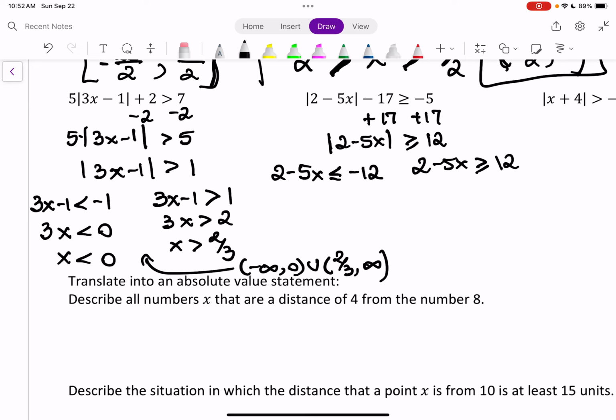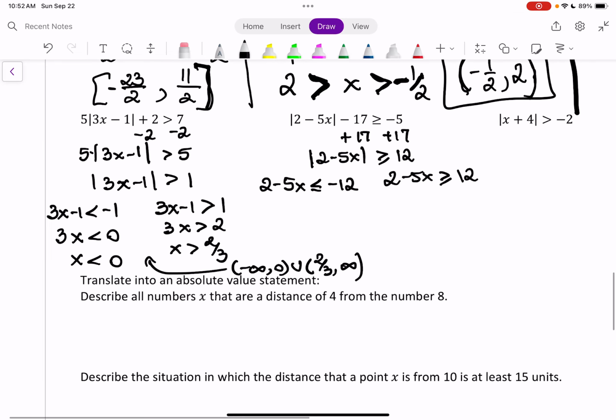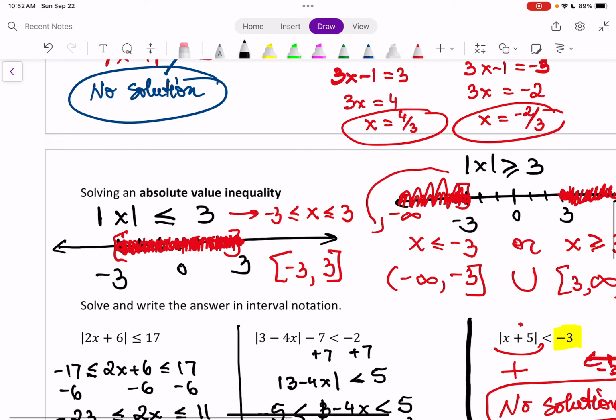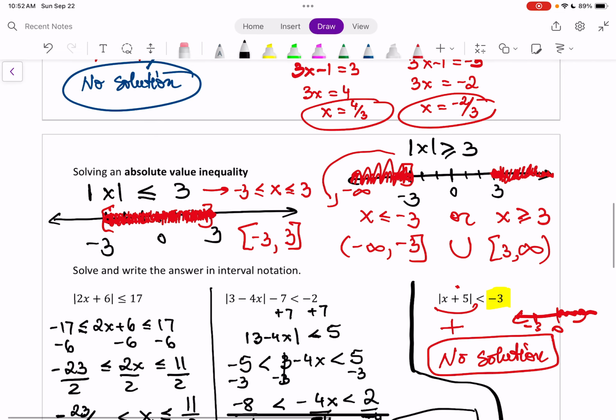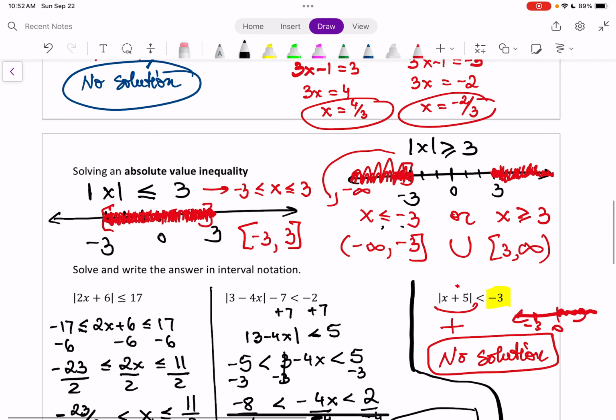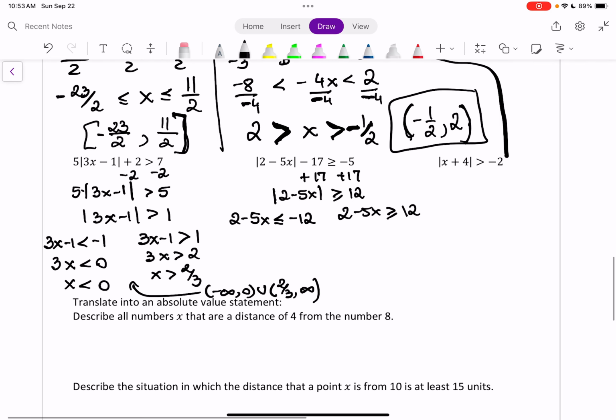So either way, actually, if you look at both your inequalities, you have to switch the inequality sign and switch the sign. More than 3, less than or equal to negative 3. Less than 3, more than or equal to negative 3.